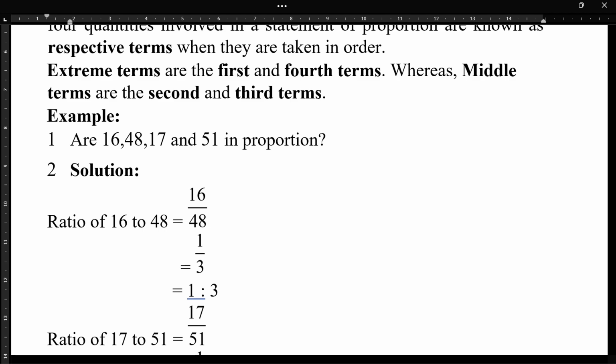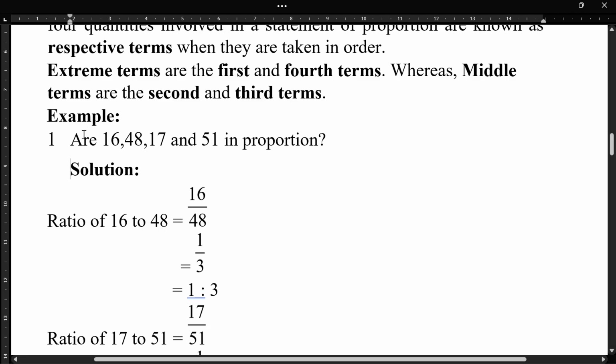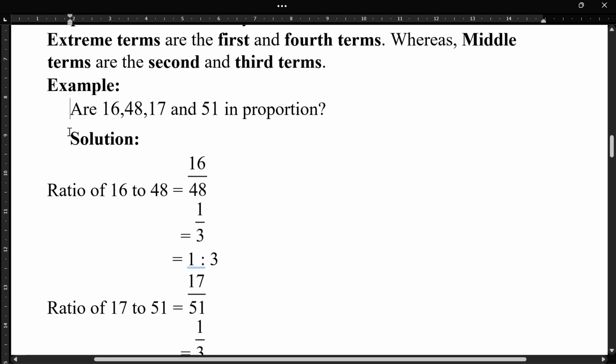To find the solution, we will find the ratio of the first two numbers. Here you can see we have 16 and 48. The ratio of 16 to 48 is 1 upon 3.